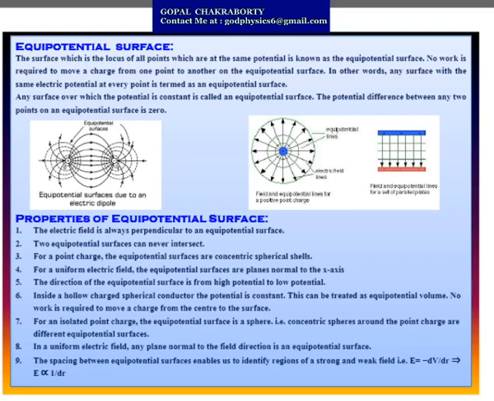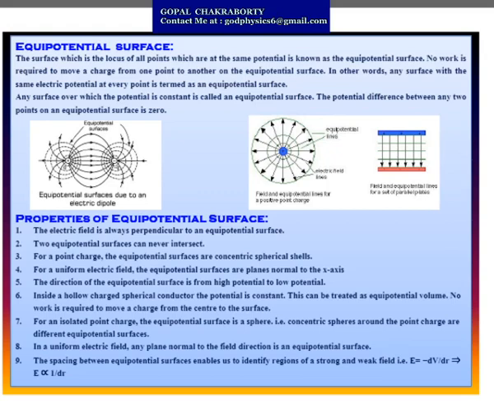Therefore, concentric spheres around the point charge are basically different equipotential surfaces. In a uniform electric field, any plane normal to the field direction is an equipotential surface.